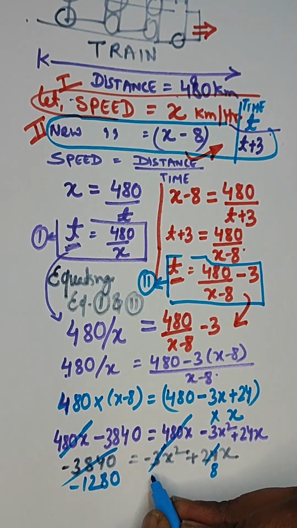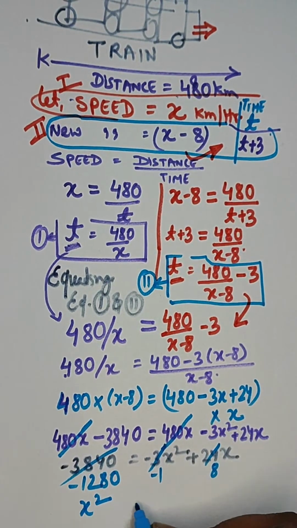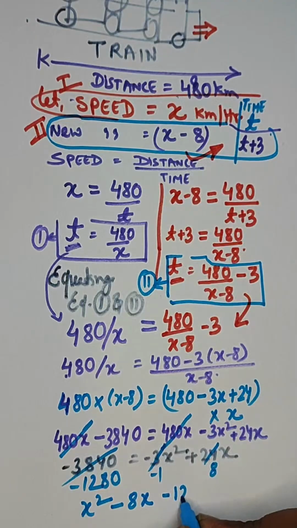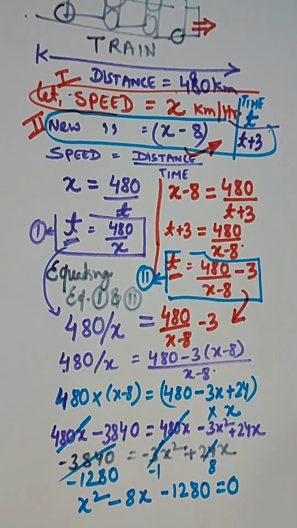So now this will be minus 1. Going into the LHS, it becomes x square, right? And 8x going into the LHS becomes minus 8x minus 1280 is equal to 0, right?